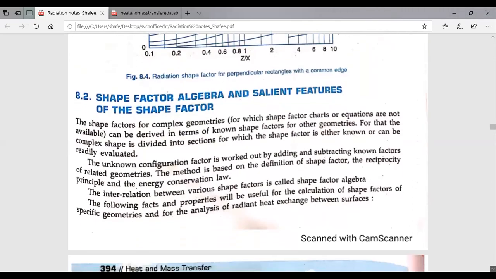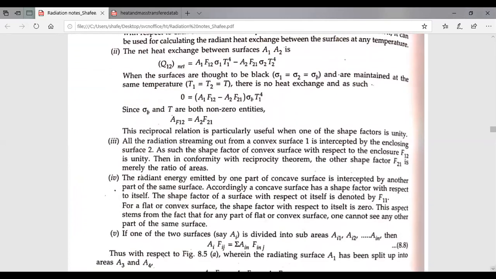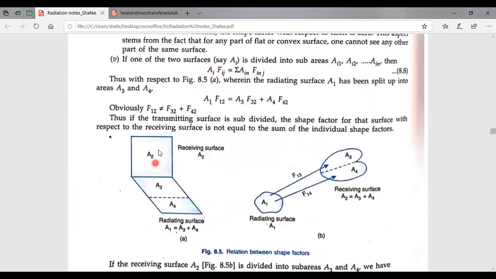Now just remember this one thing: A1 F12 equals A2 F21, that is called the reciprocity theorem. Then one more thing to remember: suppose this is surface 1, and these are two surfaces A3 and A4. I know only one perpendicular surface, but here two surfaces are joined, with areas A3 and A4. Now how to find out in this case? I'll assume this entire A3 plus A4 surface as A1.